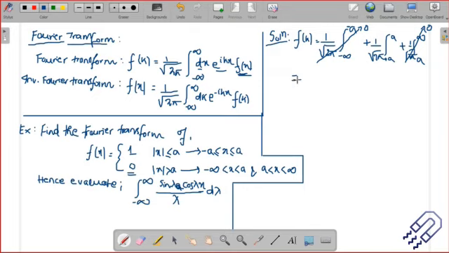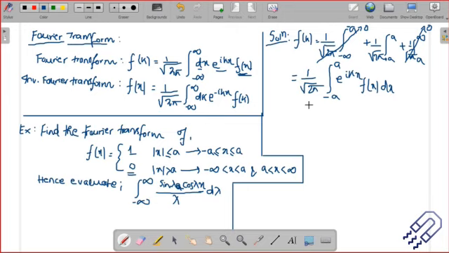Right? So we can just take it to be, now I'll write it down in detail. 1 divided by root over 2 pi, integral from minus a to plus a, e to the power i kx, and we have f of x dx.